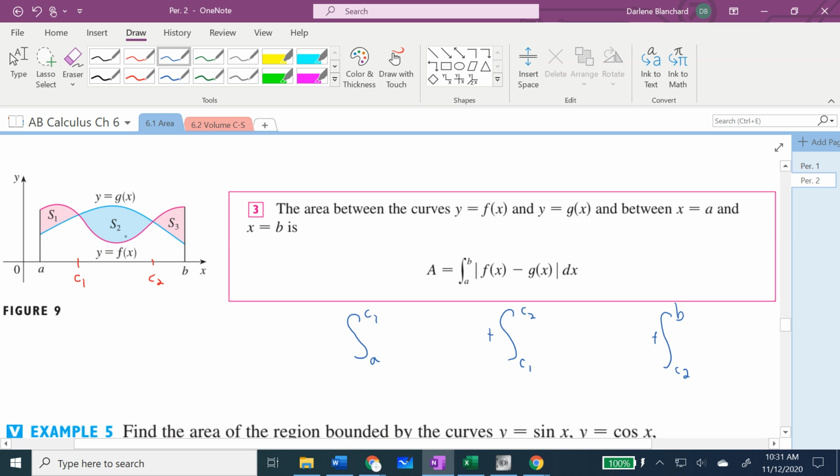And the way this drawing is shown, f of x is the pink or reddish one. So it is the top function when I'm in region 1. But in region 2, g is the top function.